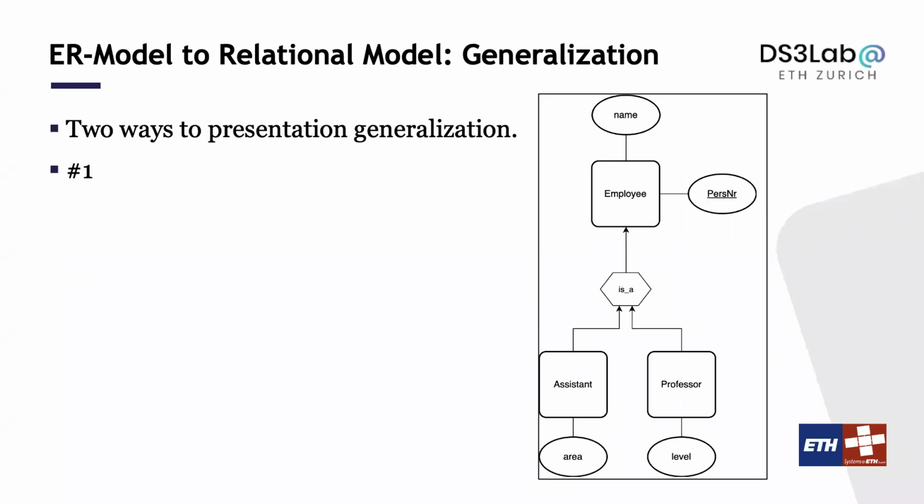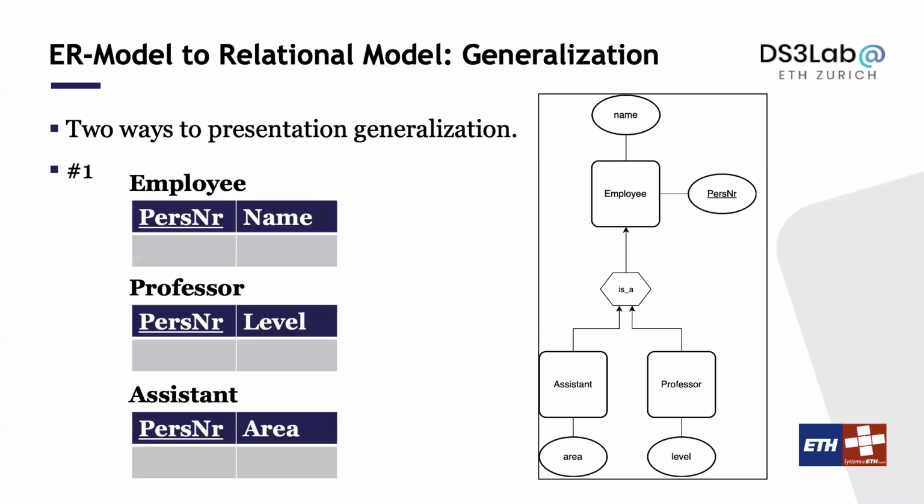There are actually multiple ways for you to do that. One way is to have these three tables as our three relations: employee, professor, and assistant. You put the shared attributes in the employee table: personnel number and name.